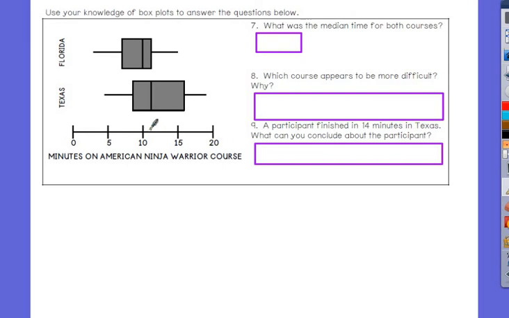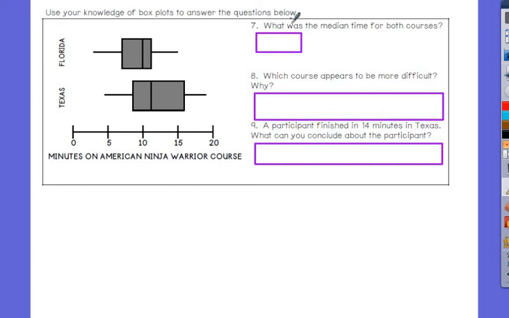Well, we'll get there in a second. So this is the number of minutes it's taking to complete the course. Do you think you want to complete the course in a shorter amount of time or a longer amount of time? Shorter. That's how you're becoming the, what do they call it? Top Ninja Warrior? I guess the champion of Ninja Warrior. Because don't they get all the top scorers and then compete for the grand champion?